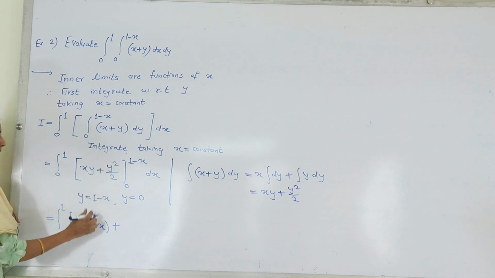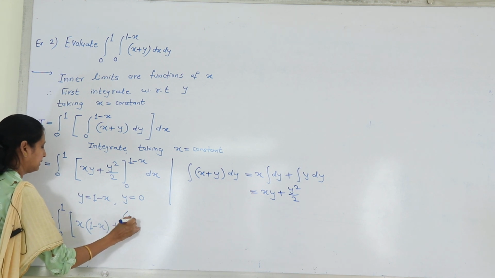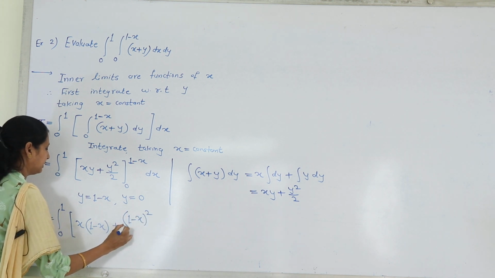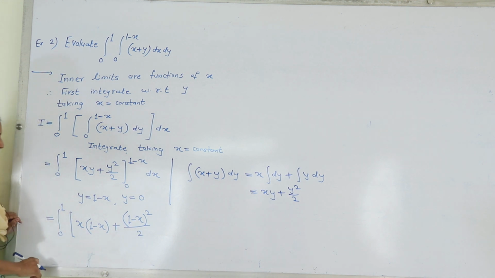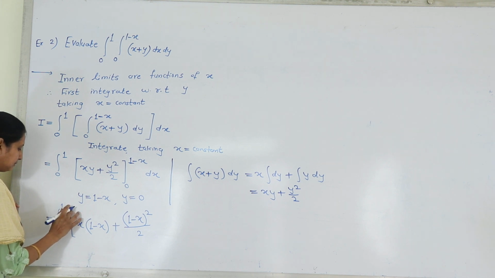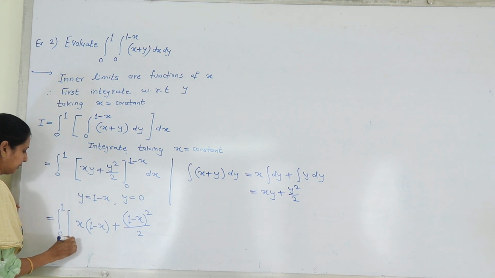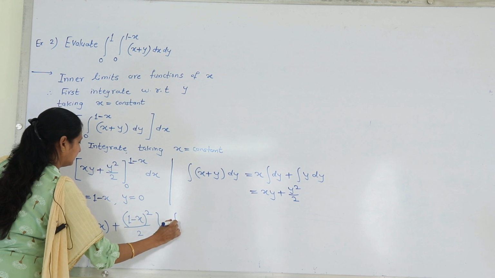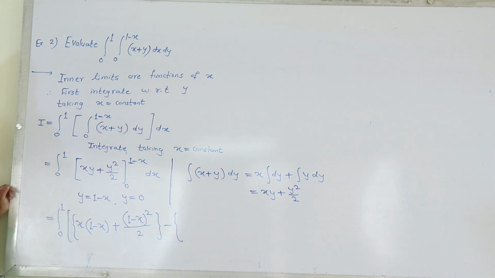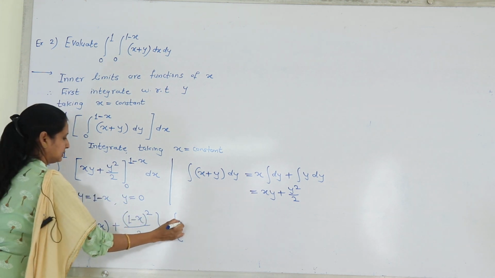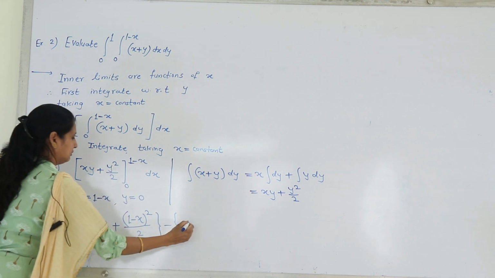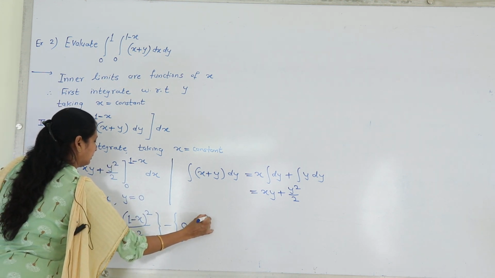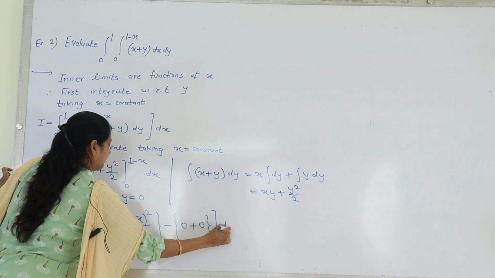The value of y is 1 minus x, that is 1 minus x bracket square upon 2. This is upper limit minus lower limit. For the lower limit, y value is 0, x into 0 is 0, y square is 0, 0 upon 2 is also 0. And dx.